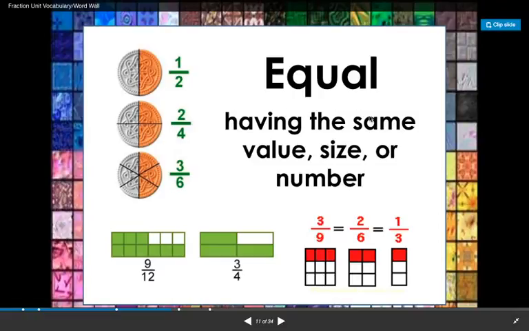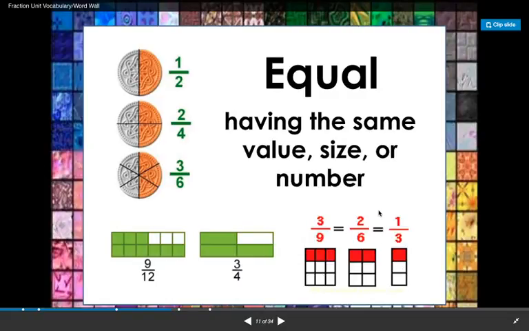Equal means having the same value, size, or number. So these coins right here are all equal. 1/2, 2/4, and 3/6 are all equal. Down here, 9 over 12 is the same as 3 over 4. 3 over 9, 2 over 6, and 1 over 3.